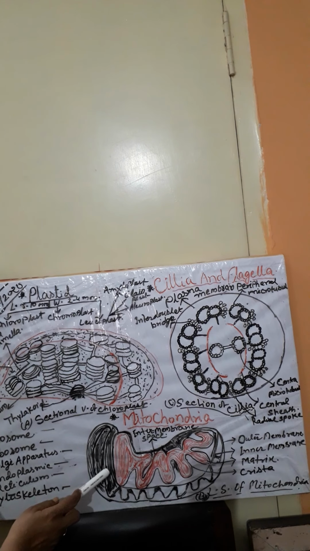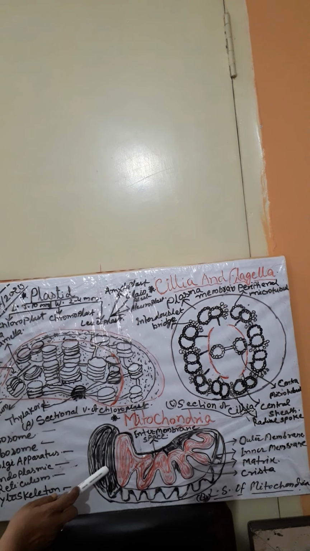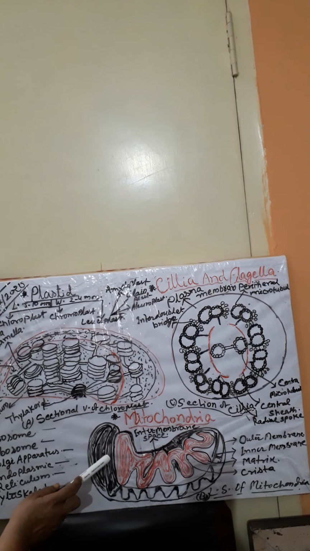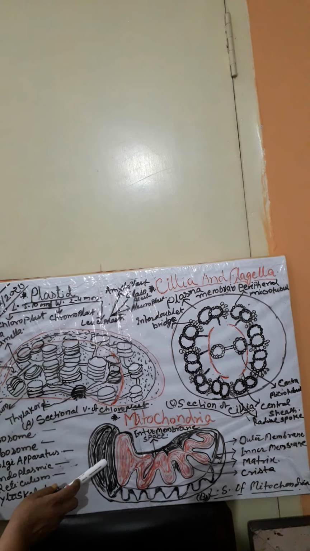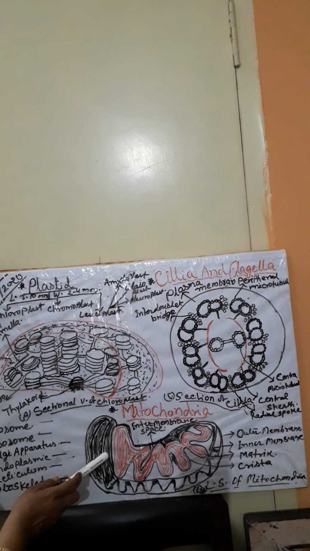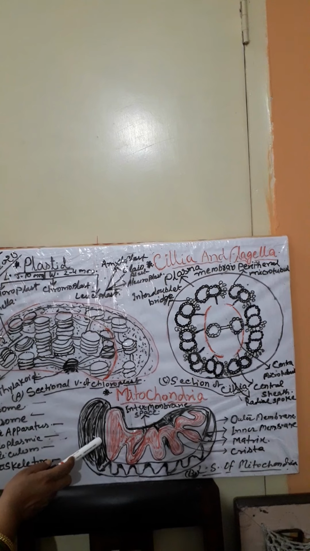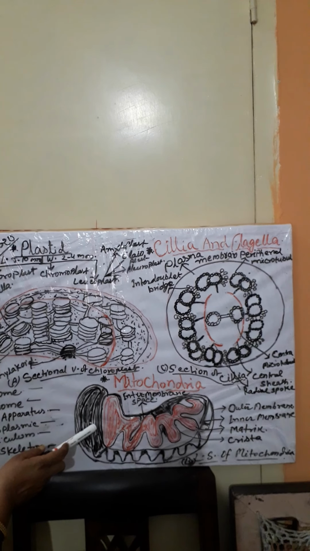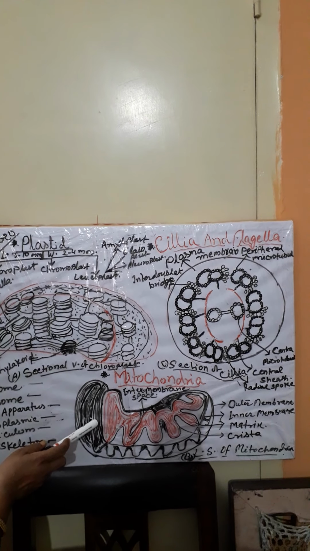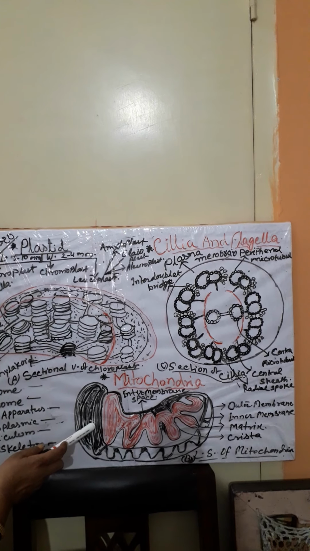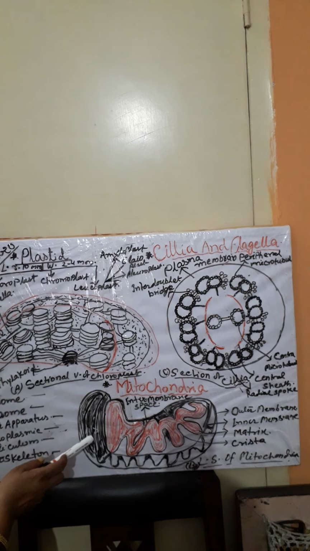The number of mitochondria per cell is variable depending on the physiological activities of the cell. In terms of shape and size, we can also observe a considerable degree of variability.